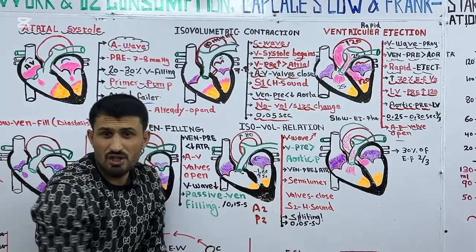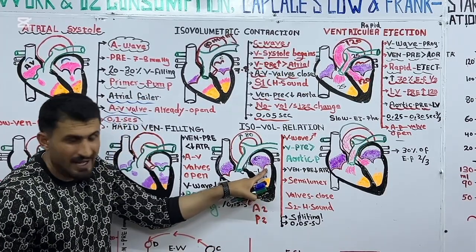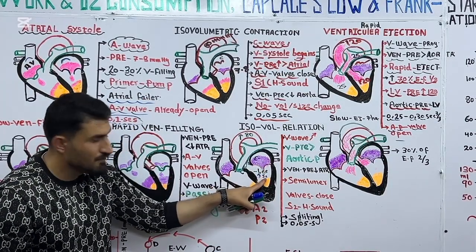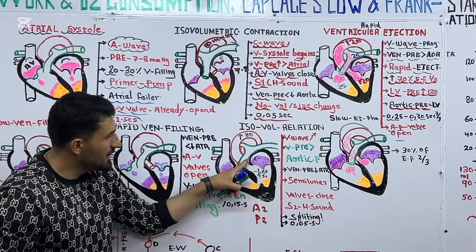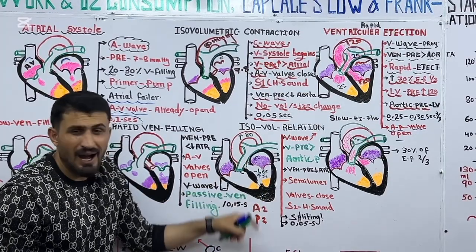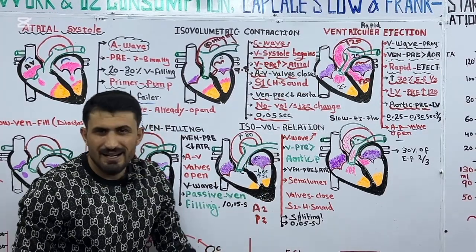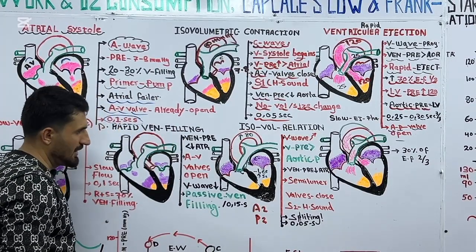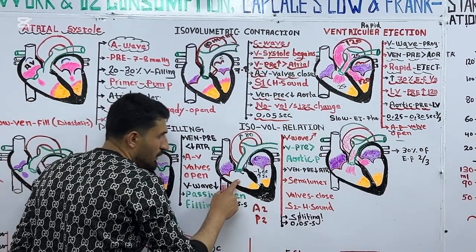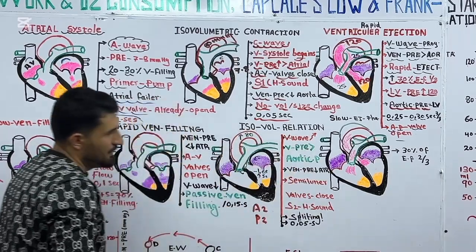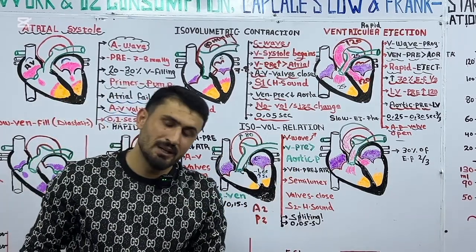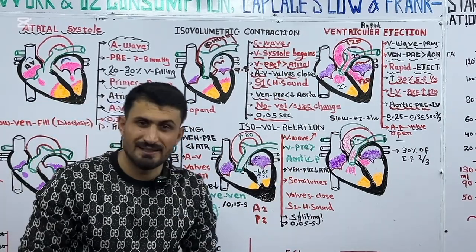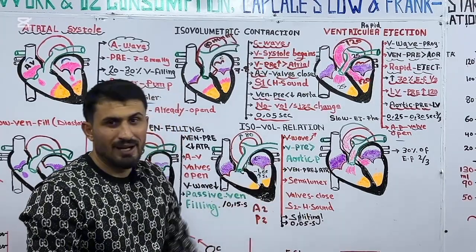But there is no change in volume because these valves are closed. I cannot get volume into the left ventricle, and I cannot eject blood from the left and right ventricles. Got it? That's why there is no volume change, and it's called the isovolumetric relaxation phase, when the heart is in relaxation.